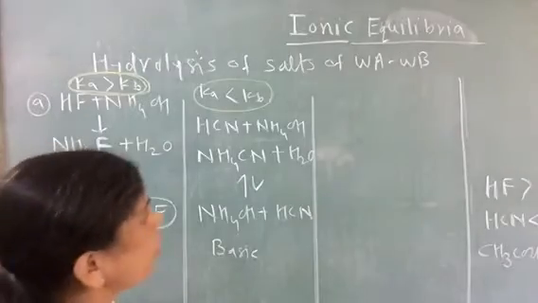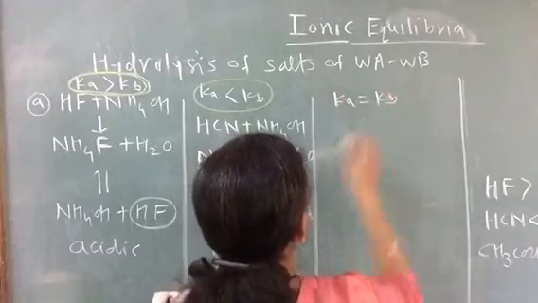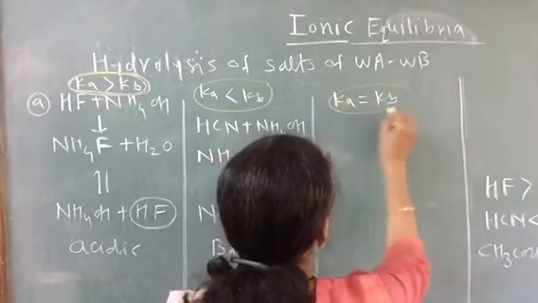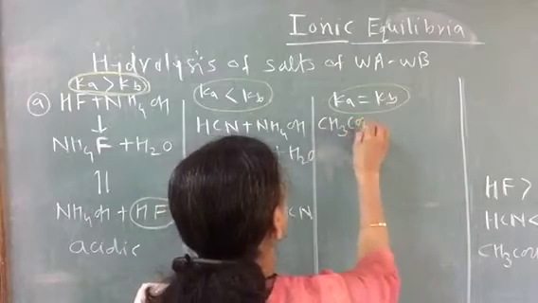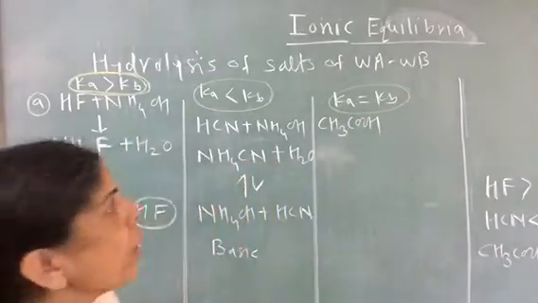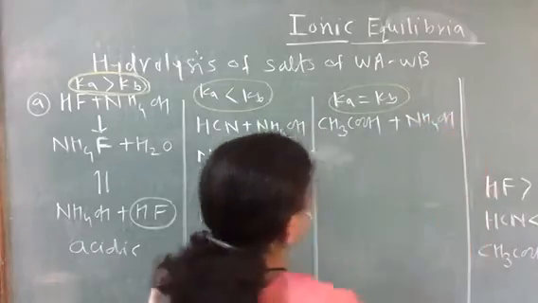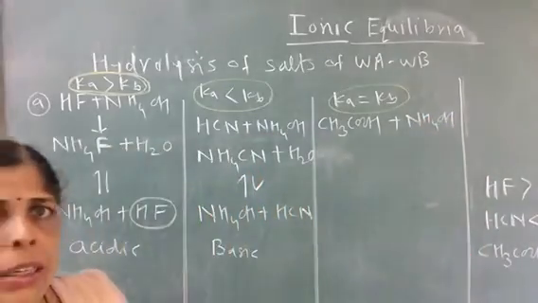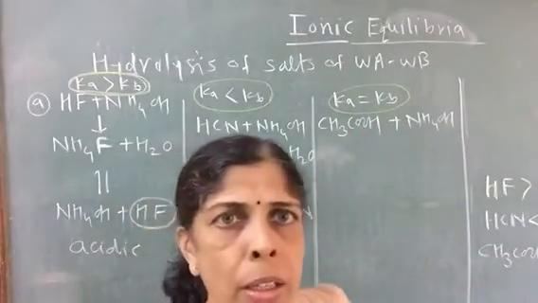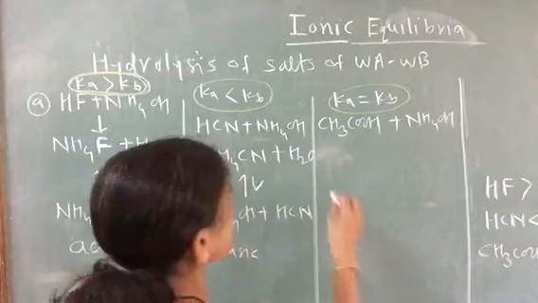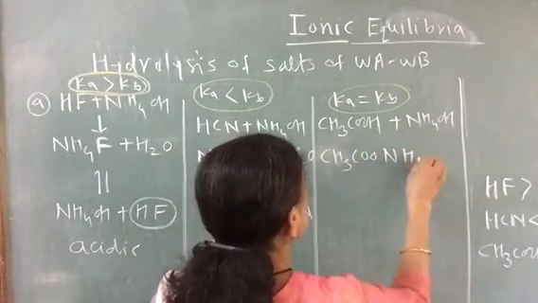We will go to the third category where Ka is equal to Kb. Both are weak but Ka is equal to Kb. If you have weak acid as acetic acid and weak base as NH4OH, the acidity and basicity, even if they are weak, are equal. So which salt do we get? CH3COONH4, ammonium acetate.